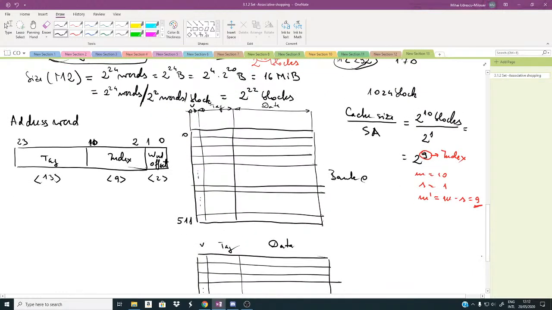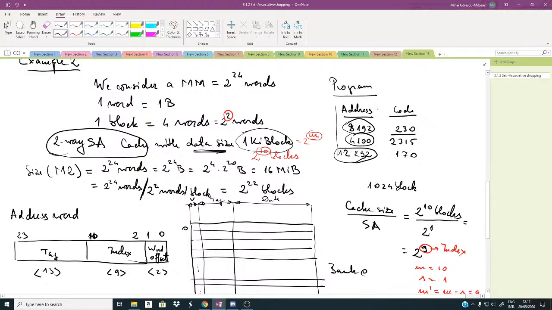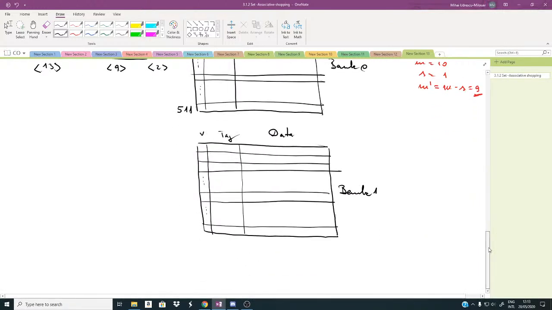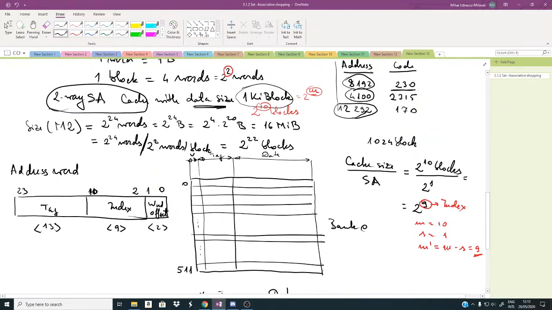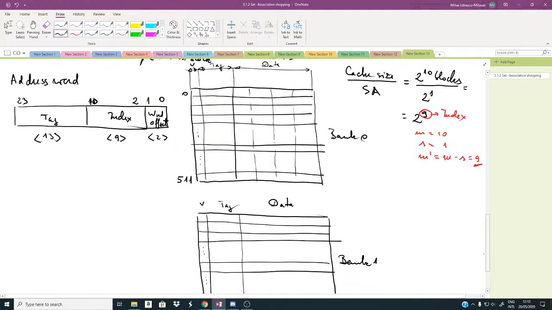So what we do right now is that we have the same program. We have this address, which is at this instruction, and of course, data is also like last week on 4 words. One block is on 4 words.